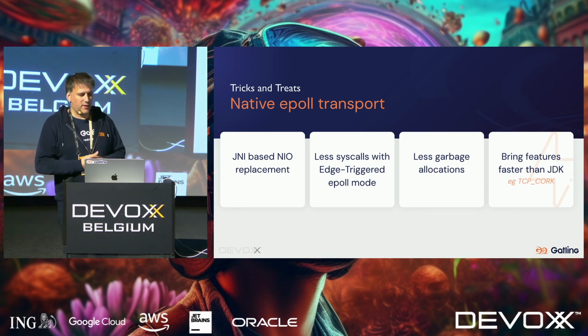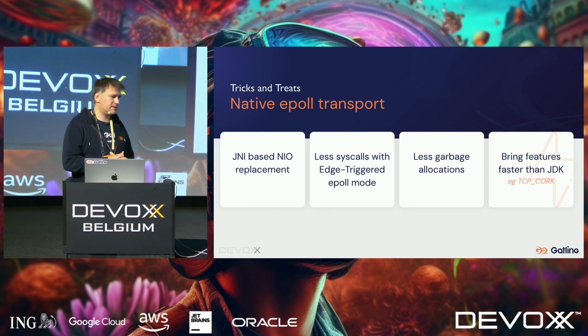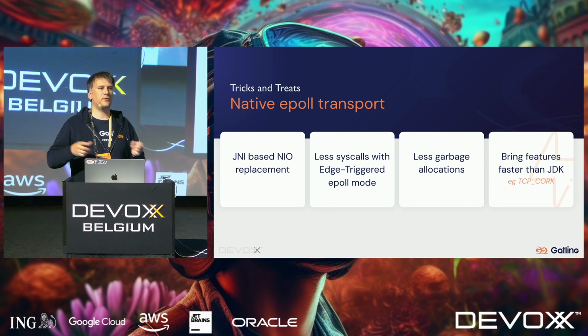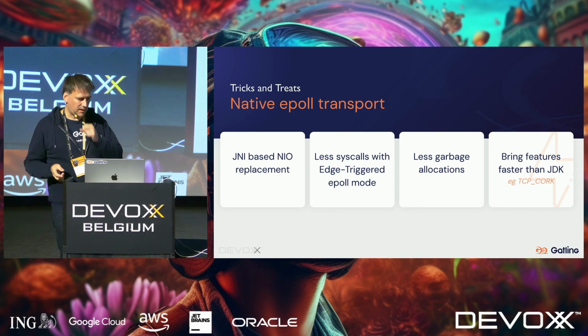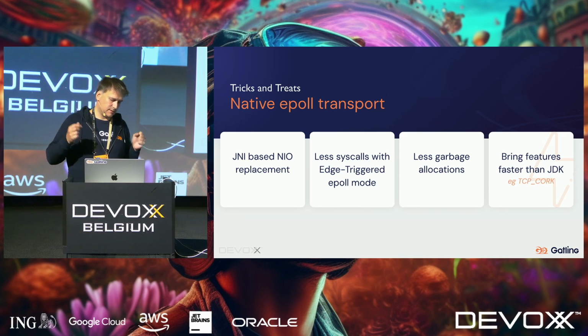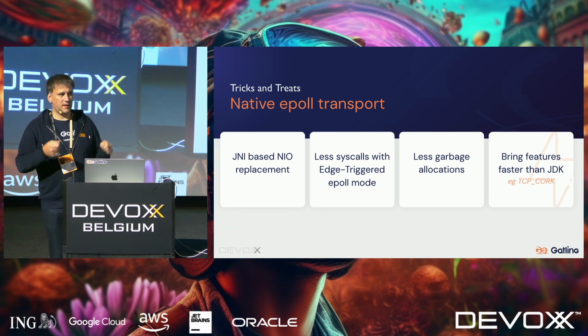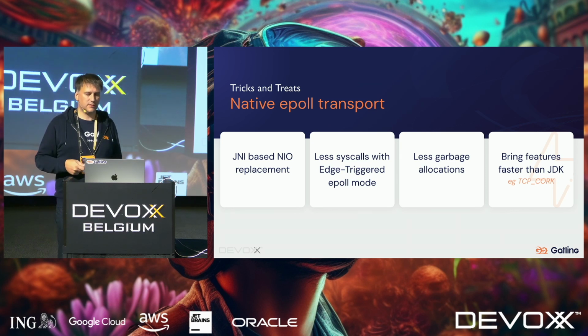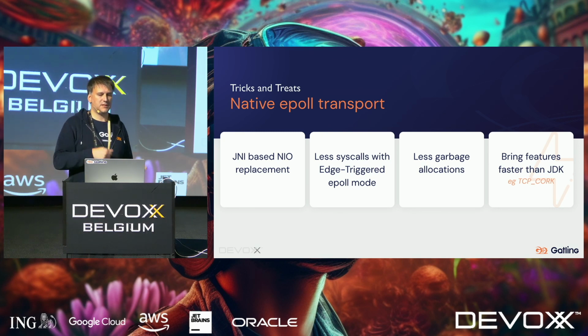Then, also one cool feature is the native epoll transport. There's also one for kqueue. Kqueue is the equivalent of epoll, but for FreeBSD and macOS. The Netty core developers figured out that the NIO could be optimized because it generates lots of garbage collections. The way it uses TCP also could be optimized.